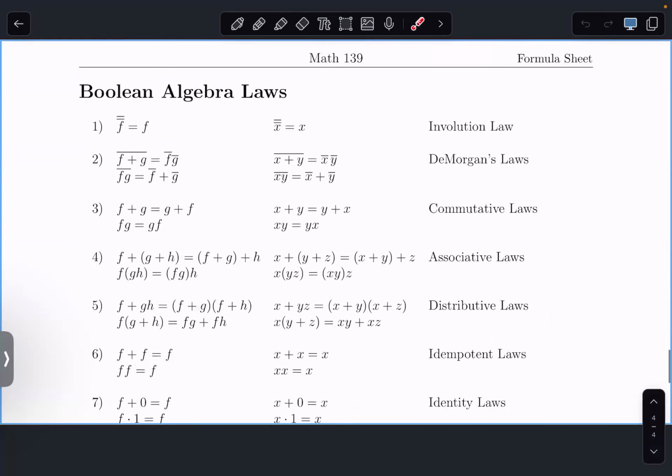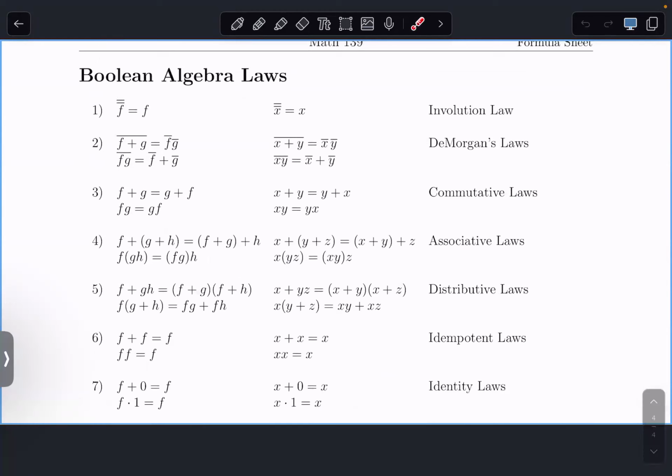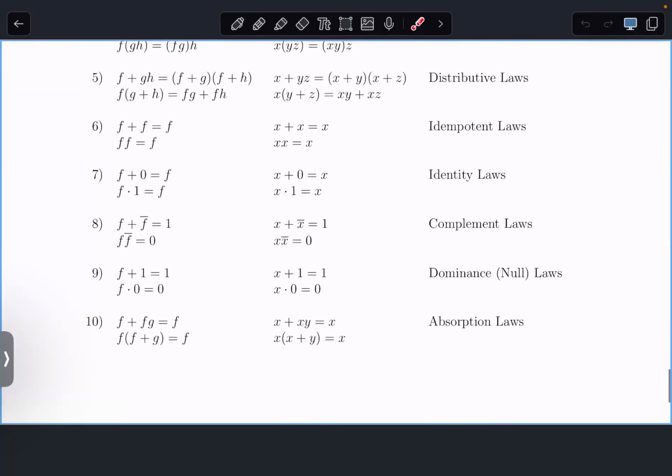For the Boolean algebra laws, the only ones that we're going to put a lot of stock in is this one.